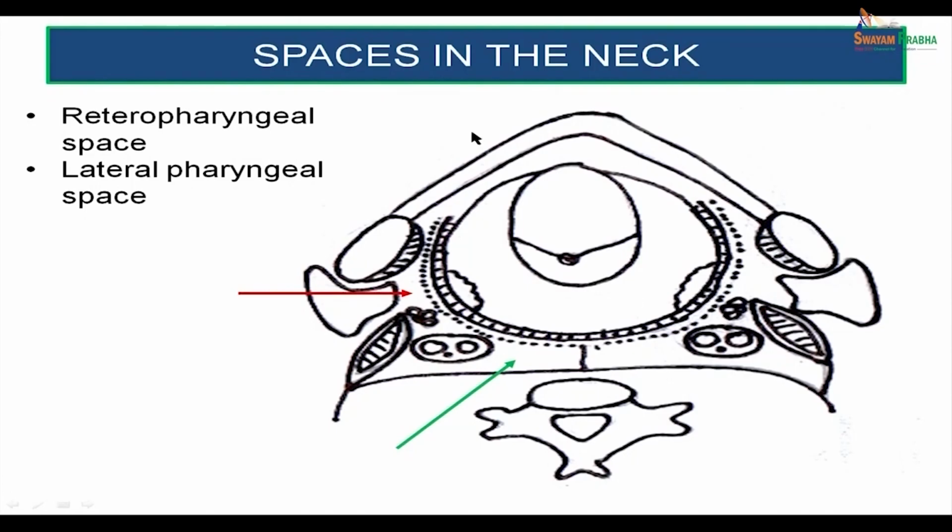Now, we come to spaces in the neck. There are two spaces in the neck, the retropharyngeal space and the lateral pharyngeal space. Here the green arrow is showing you the retropharyngeal space, there are two on either side, and the lateral pharyngeal space, two on either side.